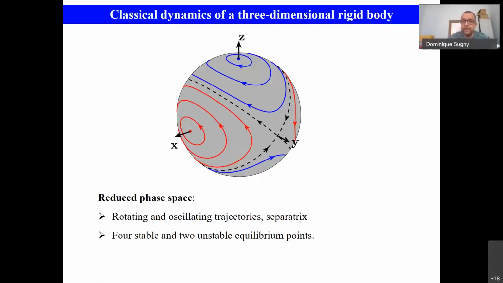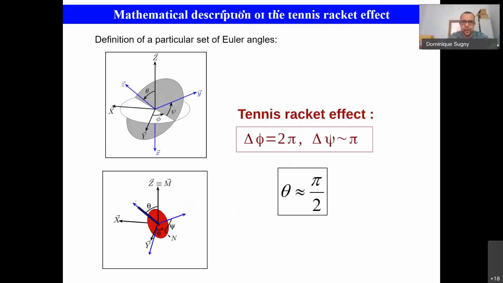In particular, we see that the separatrix connects the equilibrium point in plus y and the one in minus y. Okay, so we will use this information to describe the tennis racket effect. And now I can really come back to the description of this effect.